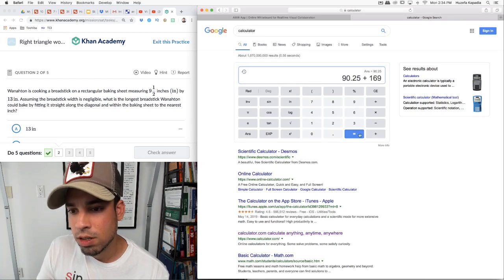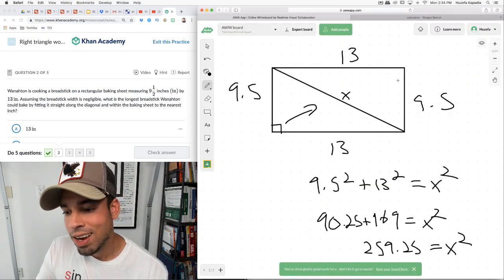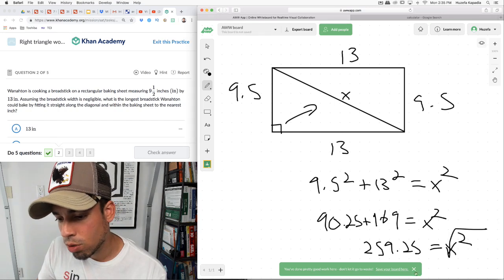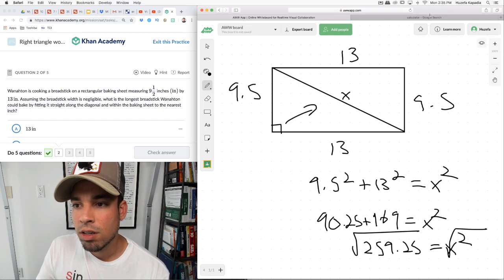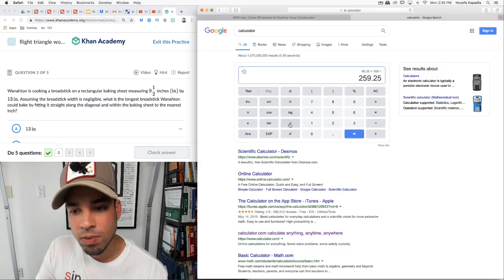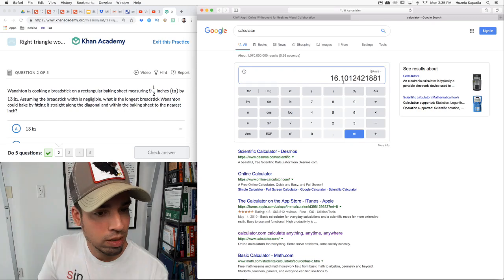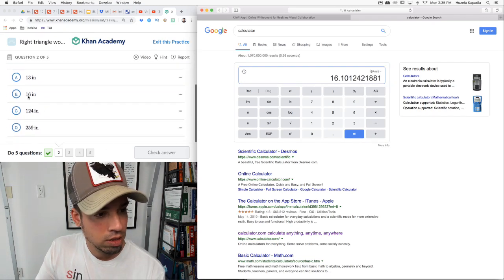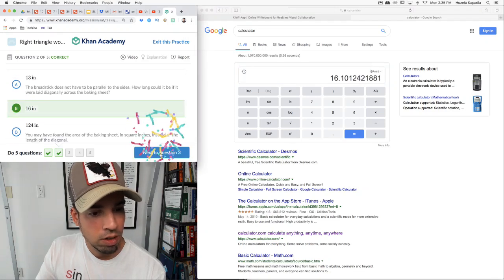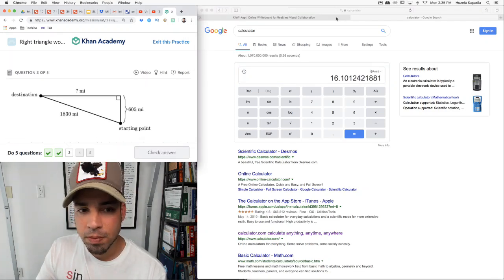Good, 259.25. And then again, we undo that square, right? So we're taking the square root of both sides. So the square root of 259.25, and we get 16.10. And then to the nearest inch would be 16 inches. So, boom. Yeah. All right, next question.